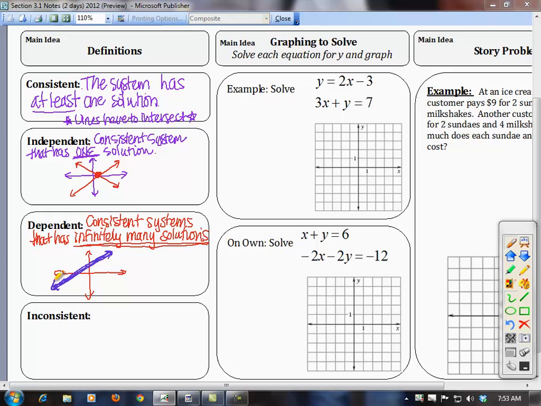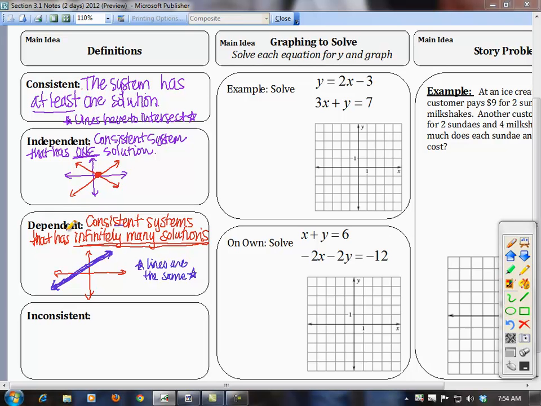And that means that they have infinitely many solutions because every point along that line is a solution of both equations. And so as you look at this, you want to keep in mind that the lines are the same. So if we are graphing the same line on top of each other, we would label this system as consistent and dependent.